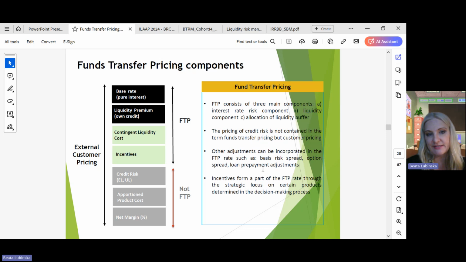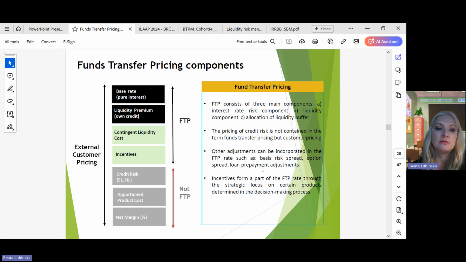You know that assets which you originate on the balance sheet are a driver of credit risk: expected loss, unexpected loss, because of course the customer itself has a different creditworthiness, and some customers' unsecured loans can be more risky than other loans, and then we have to price it accordingly.